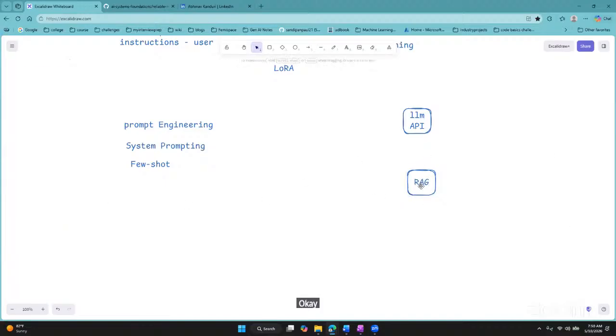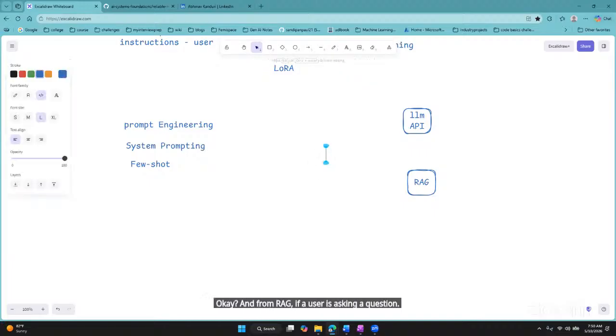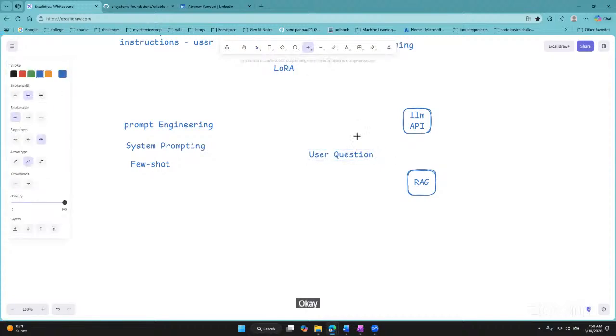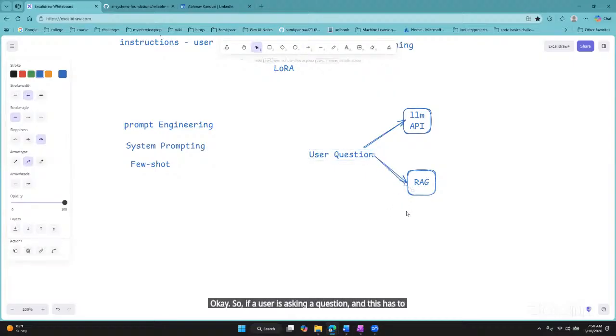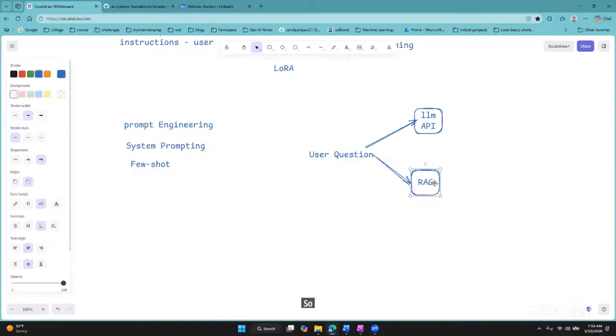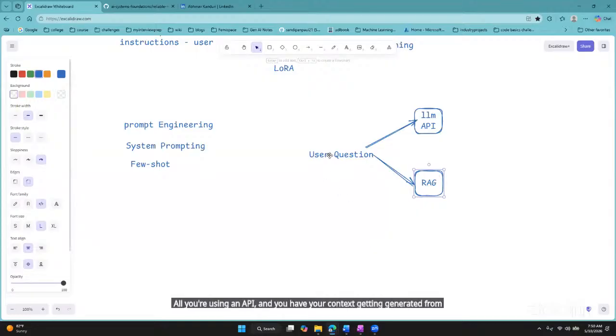From RAG, if a user is asking a question, it has to retrieve the latest documents from the RAG and send them to the LLM. So you are using an API and the context is generated from RAG based on this prompt.